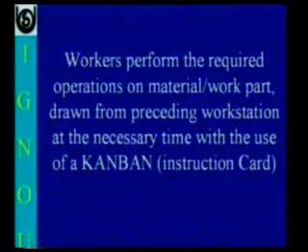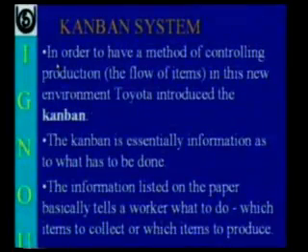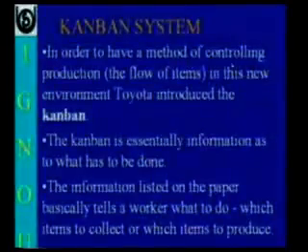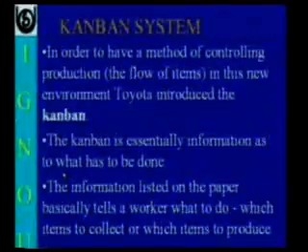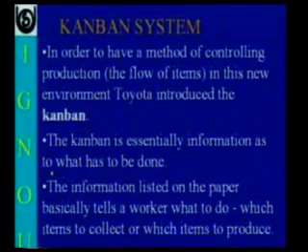Kanban system is utilized in a pull type of system. So what is Kanban system? In order to have a method of controlling the production, that is the flow of items in this new environment, Toyota first introduced this system that is called the Kanban. Kanban is essentially information related to what has to be done.